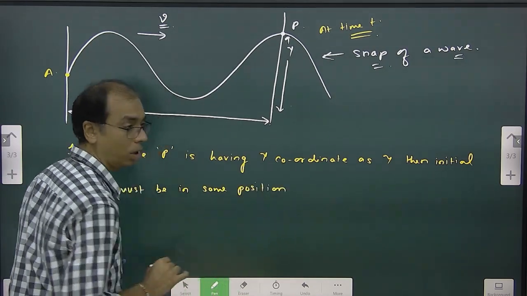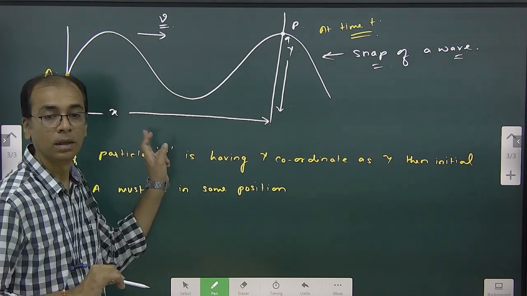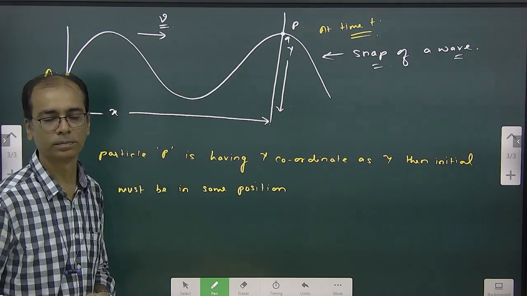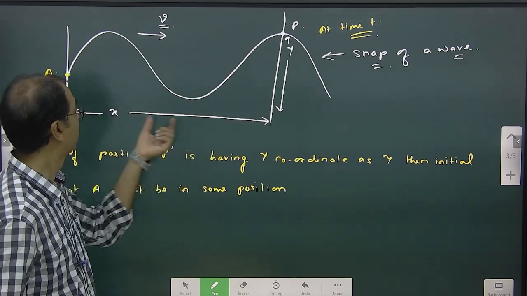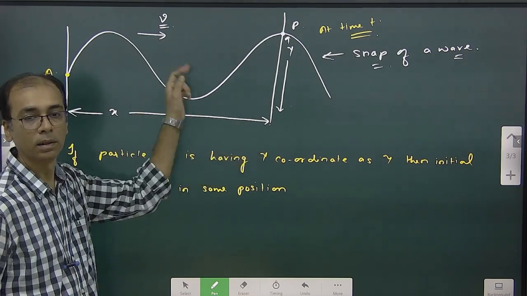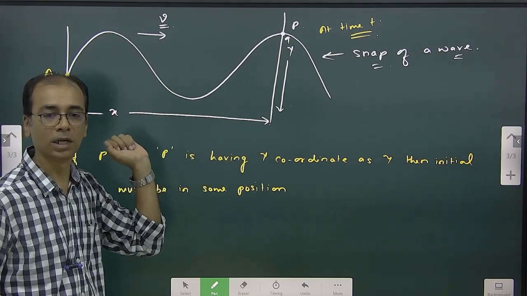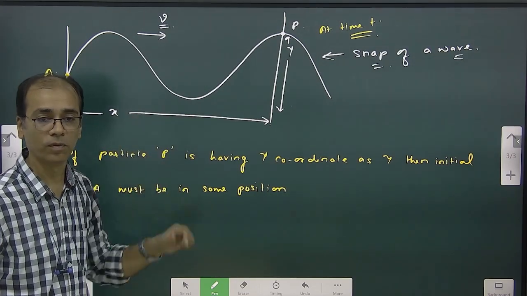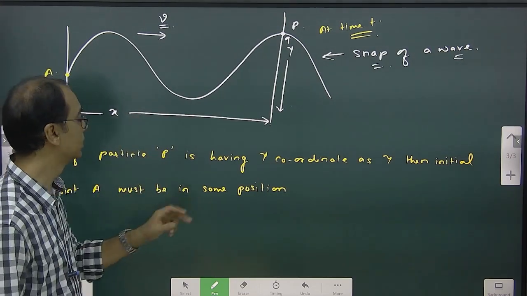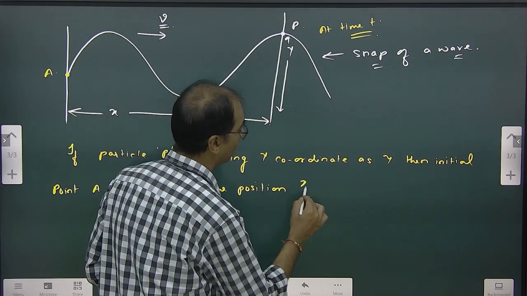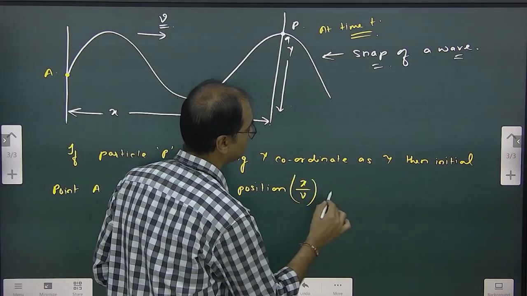How much time before? x by v time before. Why? Because the wave has traveled x with what velocity? v. How much time before? x by v time before. So point A must be in the same position x by v time before.